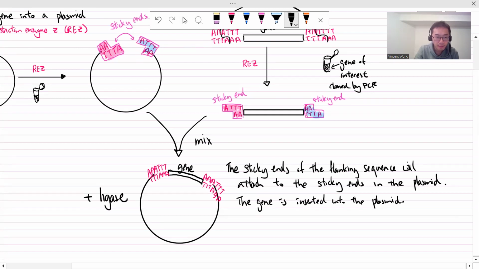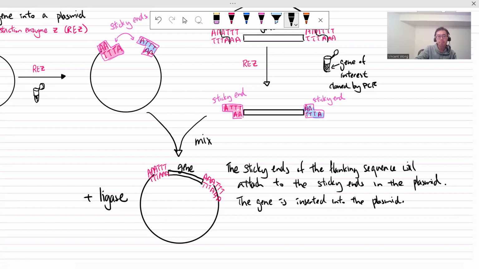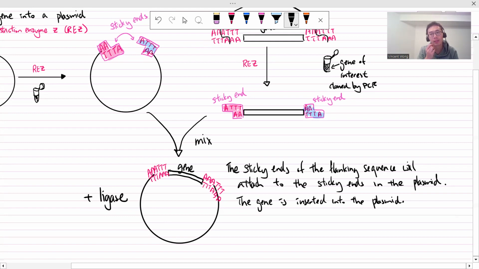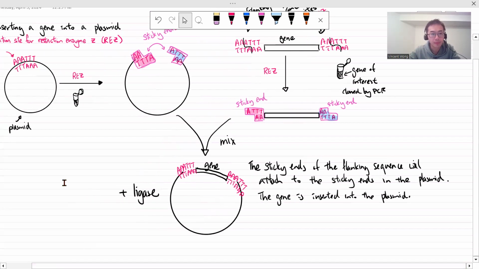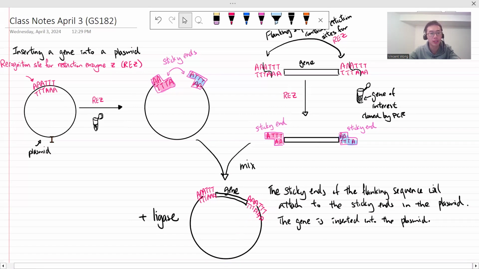I have a question. We took just one gene, or does it happen many times? This circle is the plasmid. A plasmid is not a cell.